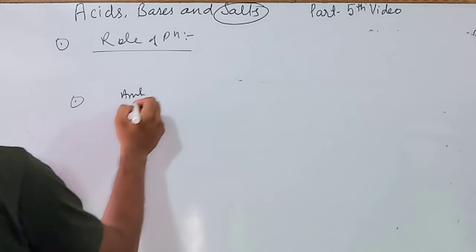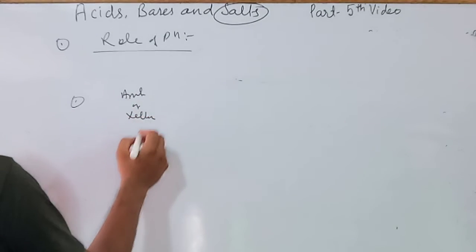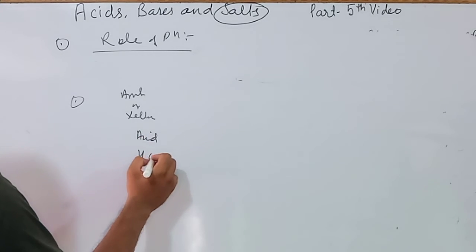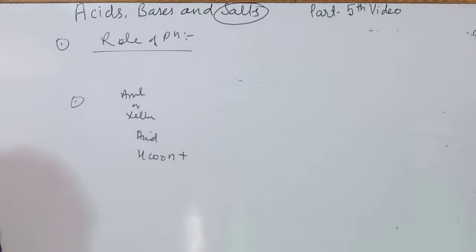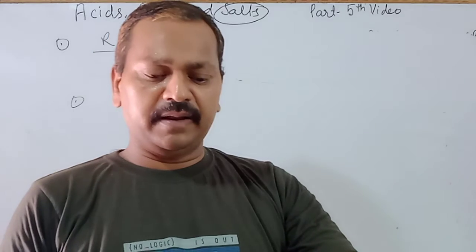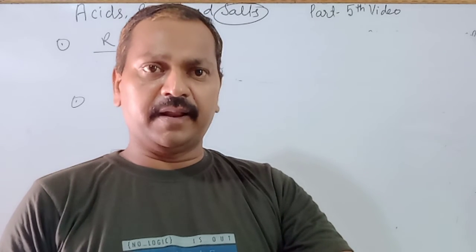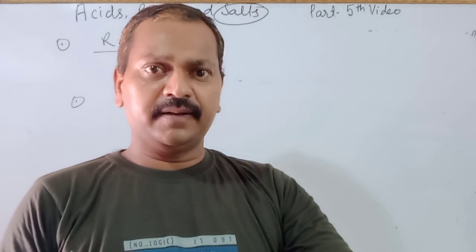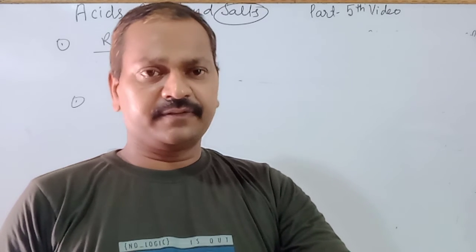Ants, yellow wasps, whatever, they contain acid, formic acid, and they create swelling, pain or irritant pain in our body. Swelling is generated and pain is generated when the red ant stings.